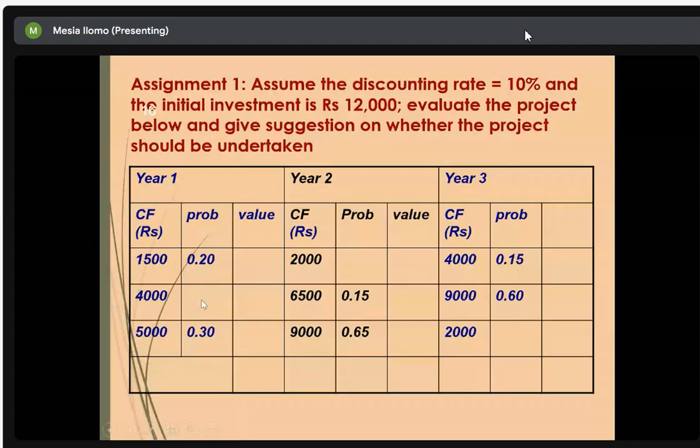I take 0.2 plus 0.3, which is 0.5. Then the probability always totals 1. So I take 1 minus 0.5. The remaining one is 0.5, where I put it on the cash flow that you have, 400,000.